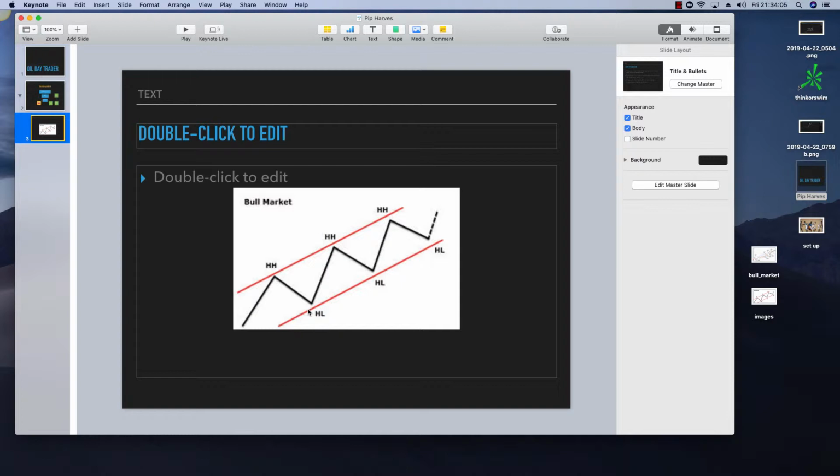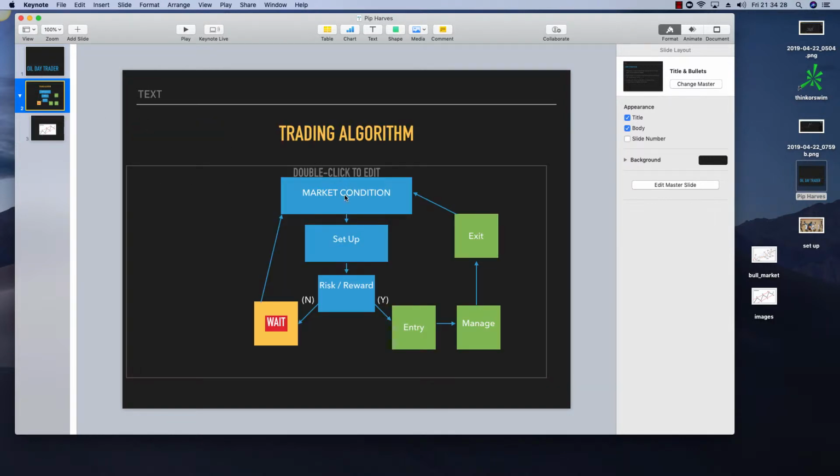So the setup in an uptrend is pull back to support, pull back to support, pull back to support. And that's what we've been doing in oil since January, and we might continue. All right, so market condition is number one.